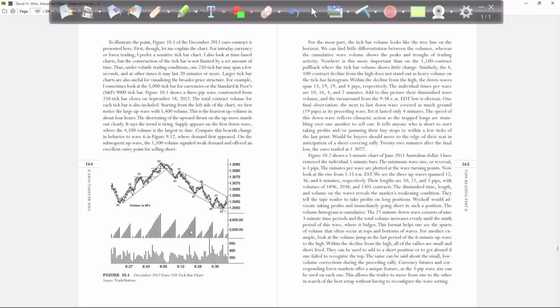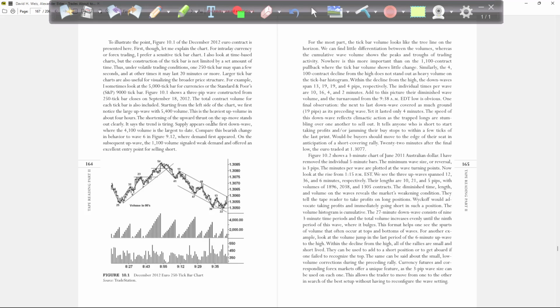The total contract volume for each tick bar is also included. Starting from the left side of the chart, we first notice the large up wave with 5400 volume. This is the heaviest up volume in 4 hours.